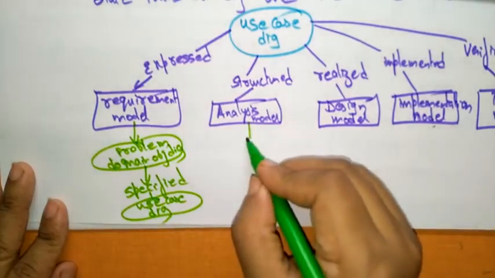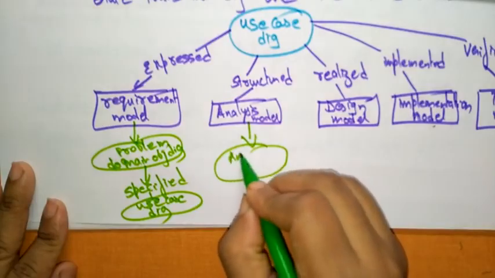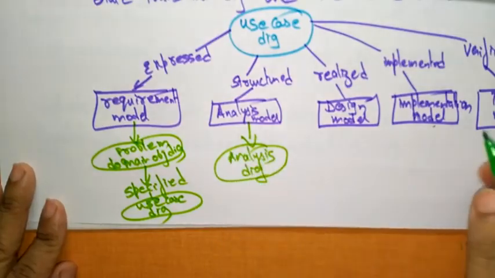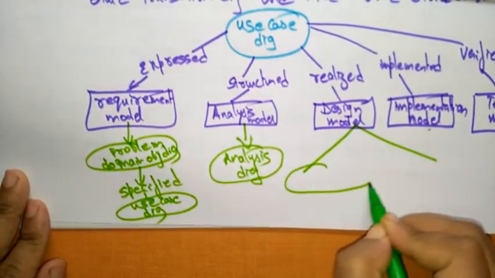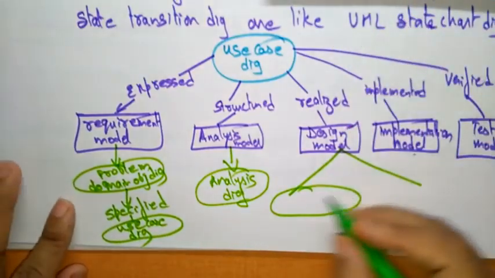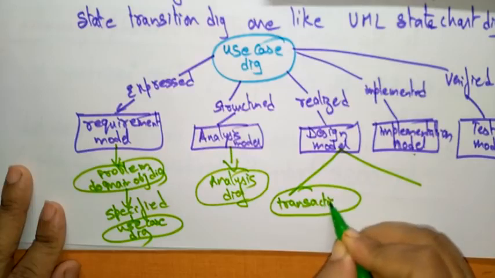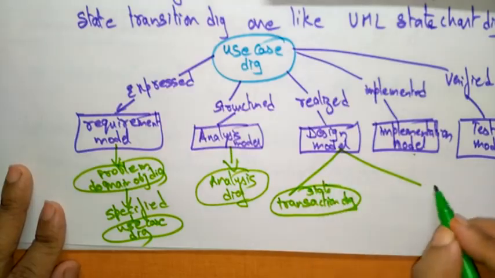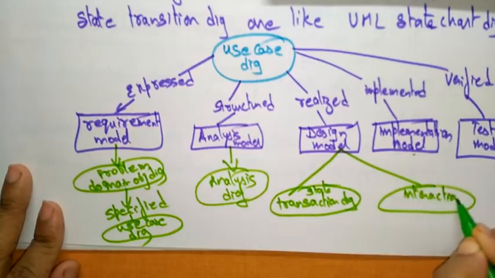The analysis model will design the analysis diagram. If the use case diagram is to be realized in the design model, it should be designed in the form of state transition diagrams and interaction diagrams.